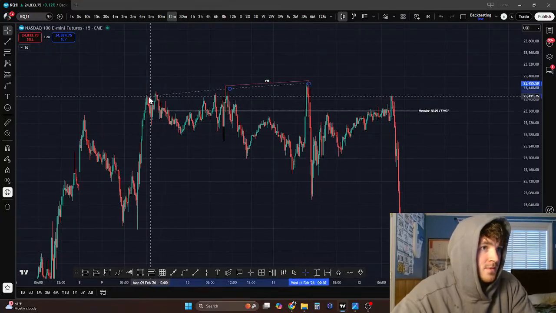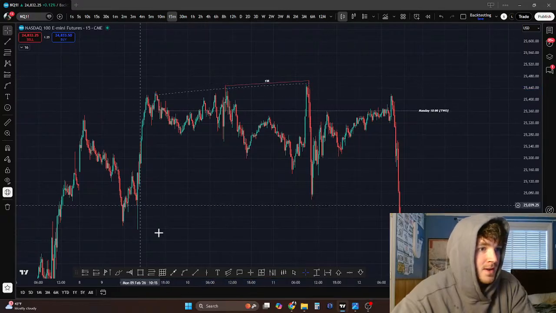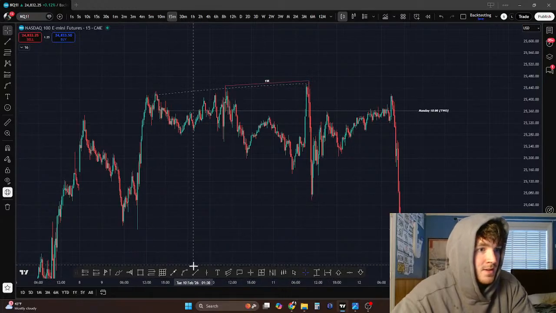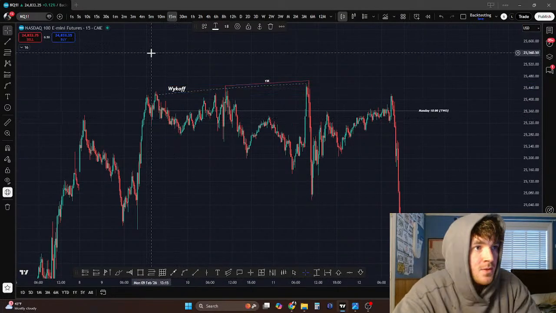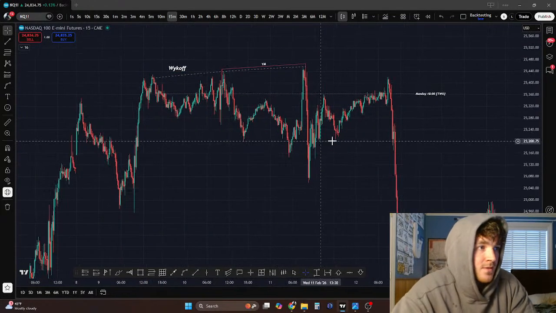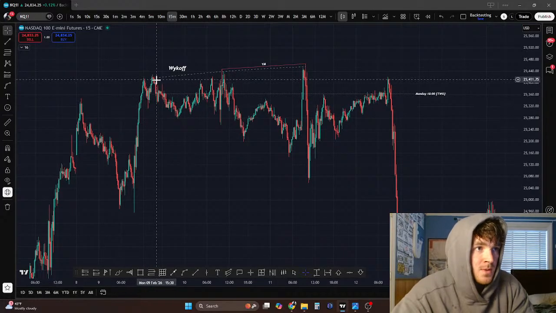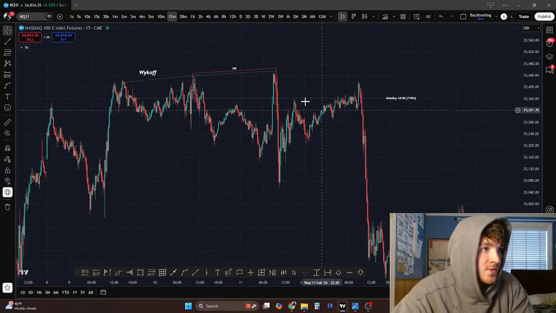So this right here in my book is Wyckoff, where we form three drives up. Wyckoff has the whole overcomplicated version. I just go, okay, I look for three drives and then a failure swing. So 1, 2, 3. Here's our failure swing.